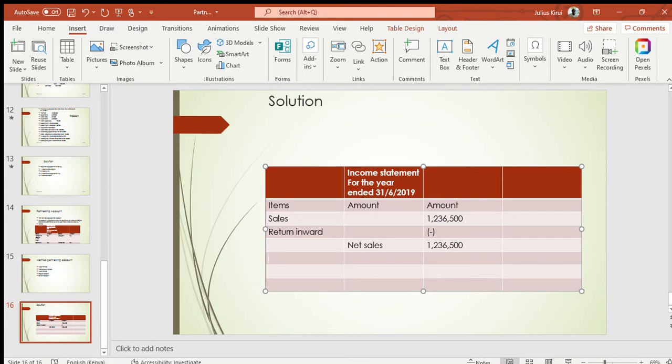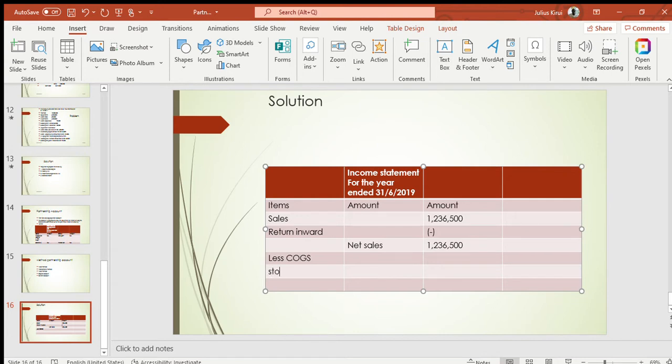and then you less what? Cost of goods sold. So what is our cost of goods sold? From the question, what is the opening stock? 419,790. Yes, 419,790.